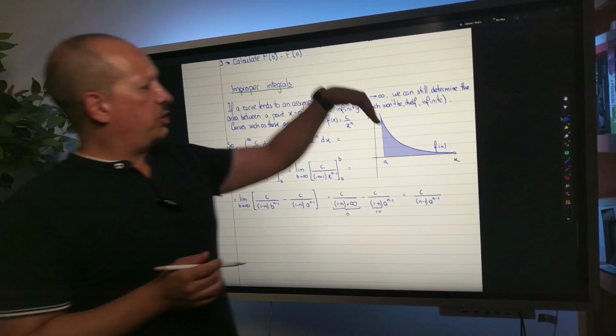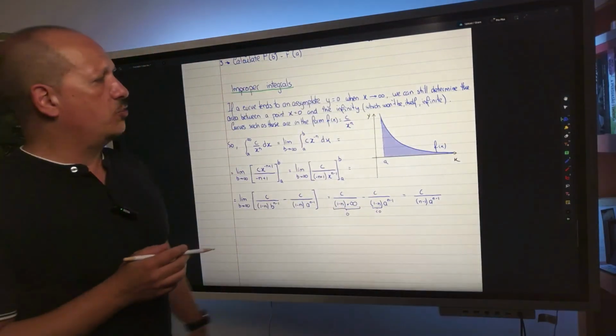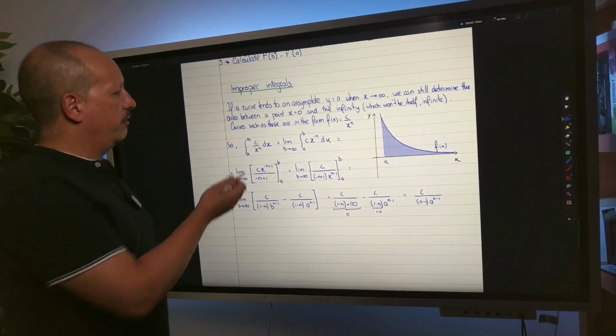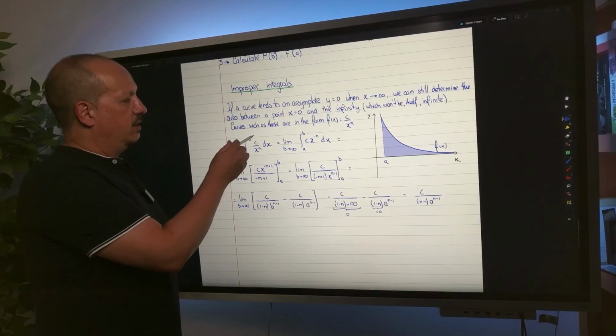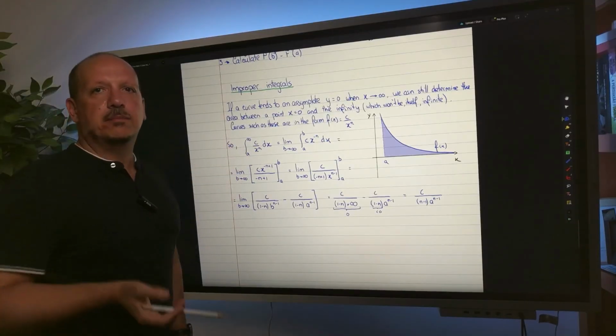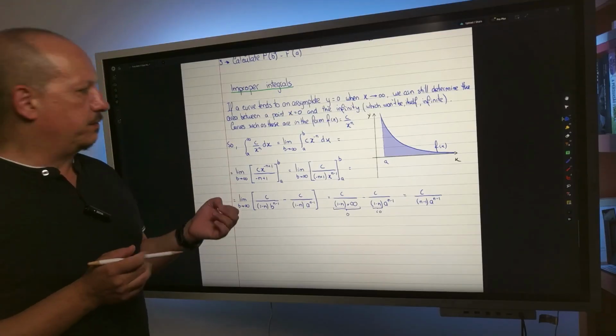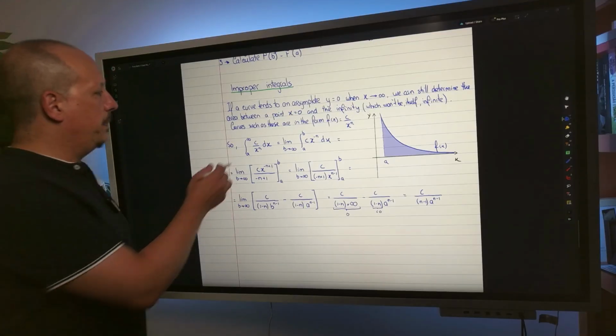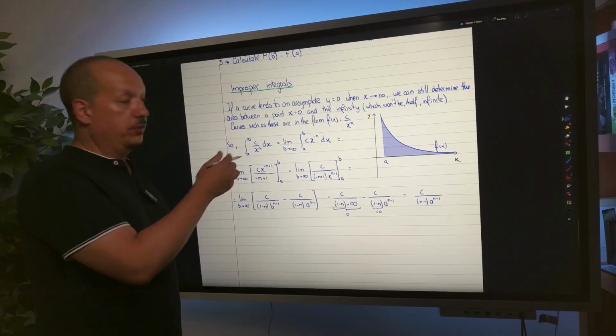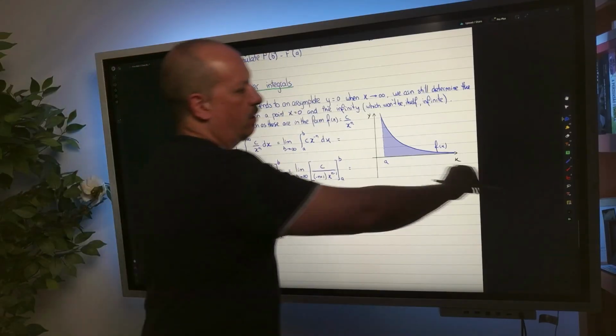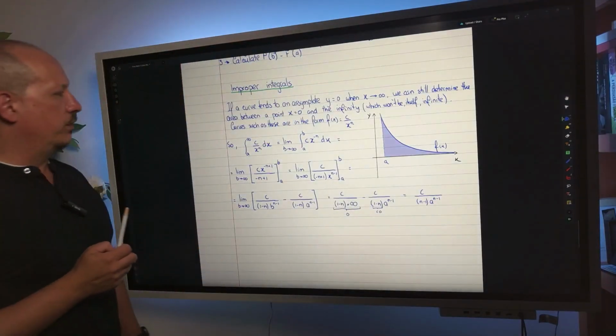Okay? A shape such as this one will be of a function such as this. A constant over x to the power of n. All right? And this n is a positive constant, right? The bigger x is, the smaller the overall value is going to be. So this explains this overall shape.